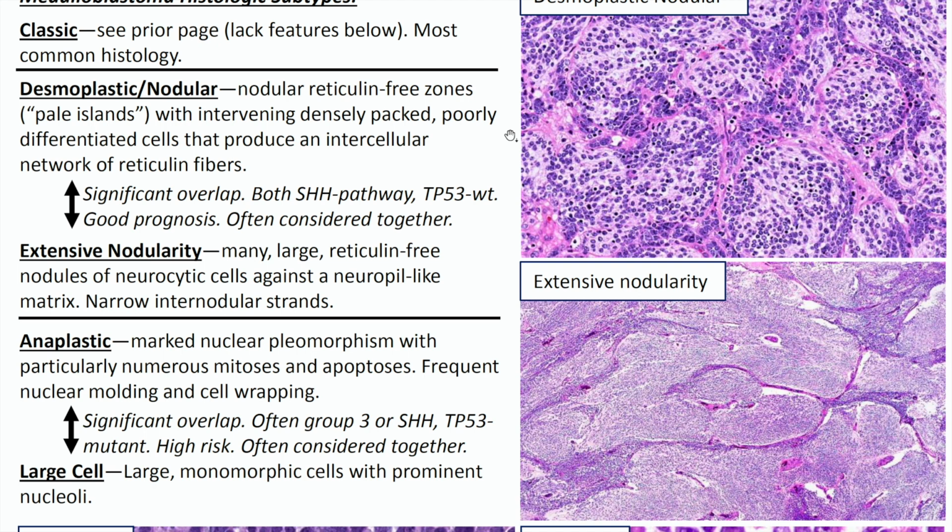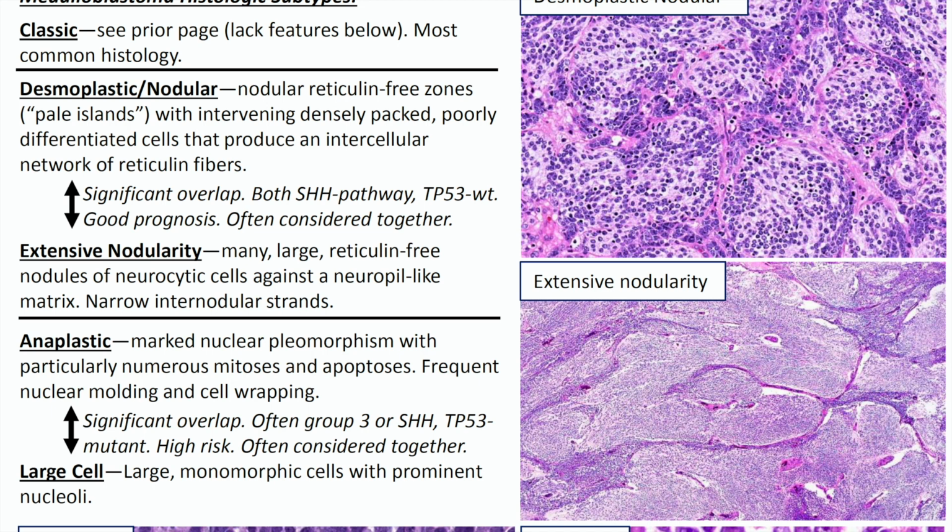So there's some histologic subtypes of medulloblastoma, including the classic, which is what we saw on the last page, the most common histology. But we can also have desmoplastic and nodular. So that's what we see here in this top right image, with this nodular reticulin-free zones, or pale islands, with intervening densely packed, poorly differentiated cells that produce an intercellular network of reticulin fibers.